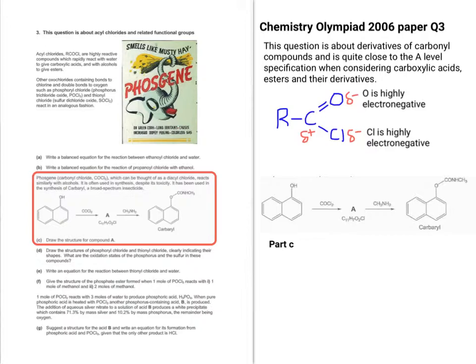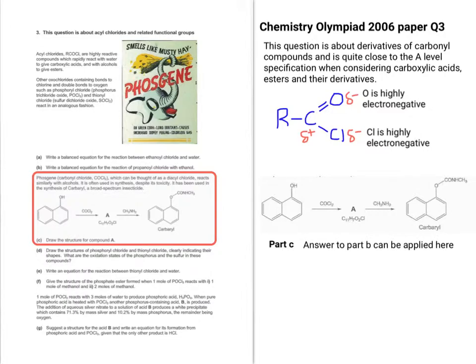A slightly more modern peacetime use for it is explained here. It's essentially a diacyl chloride. If you imagine you've got a carbonyl, C double bond O, but two chlorines coming off the carbon. It's a bit like the ethanoyl chloride we looked at earlier, except no R group, there's another chlorine. So it reacts similarly with alcohols.